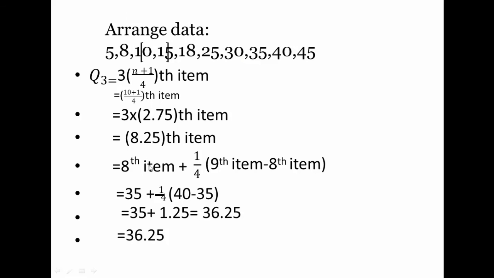So the 8th item plus 1 by 4, 0.25 means 1 by 4, 9 minus 8. For the quartile, the difference between these terms, ninth item minus eighth item. So you see over here from this calculation, the third quartile's item, 8.25 item, is 8th item plus 1 over 4 into 9 minus 8.